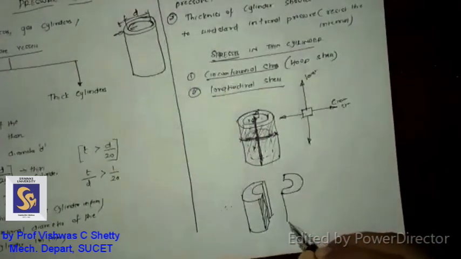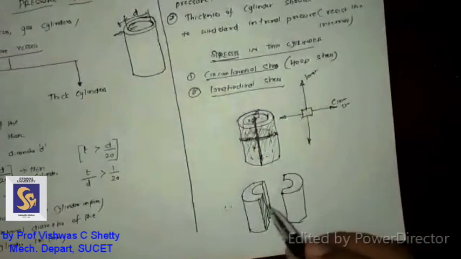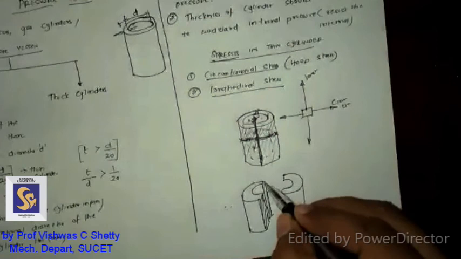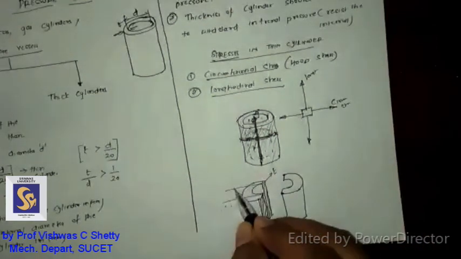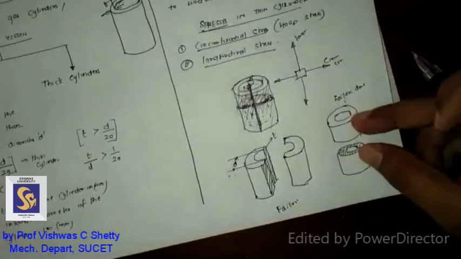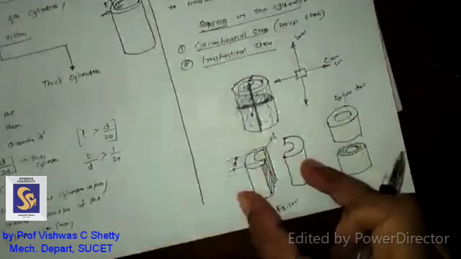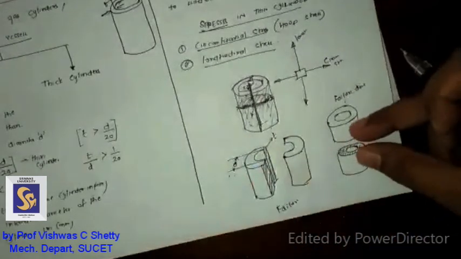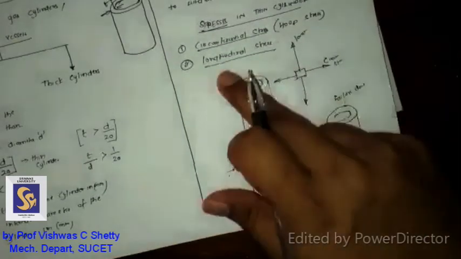See, this concept is interesting. This is the thickness, small t. This is the internal diameter. This is failure due to stress in longitudinal direction. This is failure due to stress in circumferential direction. We call this hoop stress. This was longitudinal stress.